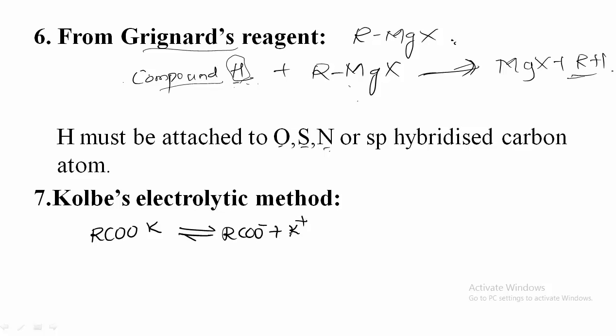First it will get ionized, and finally we will get R-R. So in detail you have studied Kolbe's electrolytic method. It is used to prepare alkanes by using sodium salt of fatty acid, and it is carried out through the electrolysis process to form alkanes. Remember this.